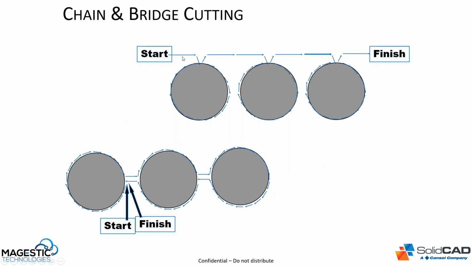So up top here we have chain cutting, which gives you an example. If we're starting over here and going around the shape, we build this nice little chain around each one of these parts and come up with a part grouping. And what's nice about the chain cutting versus the bridge cutting is that each part is cut out before the next part. In a scenario like here is what's called a bridge cut, and we make a small bridge between each part.